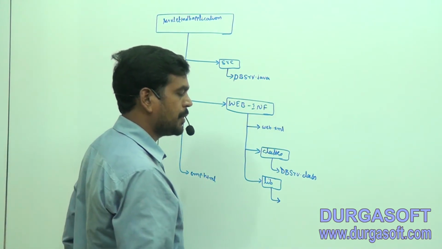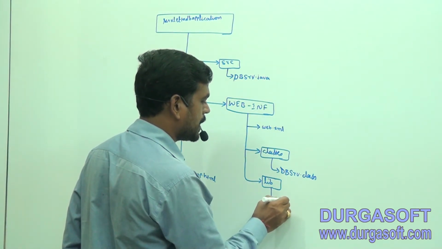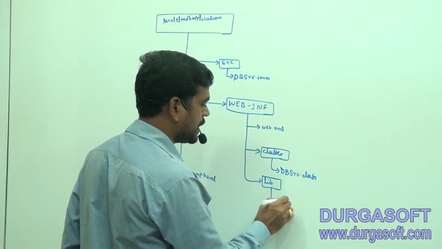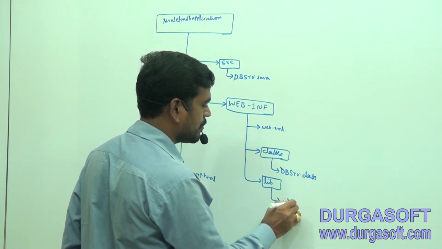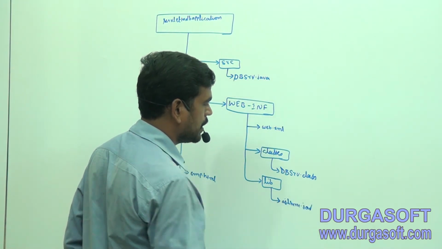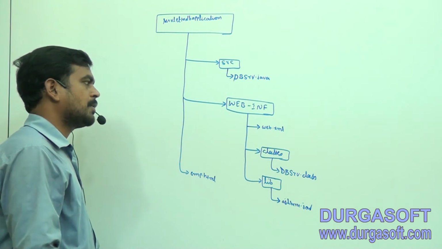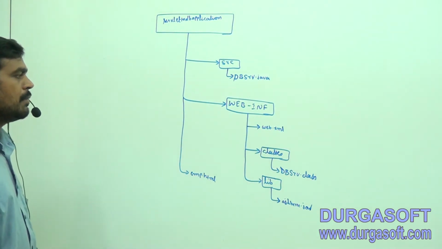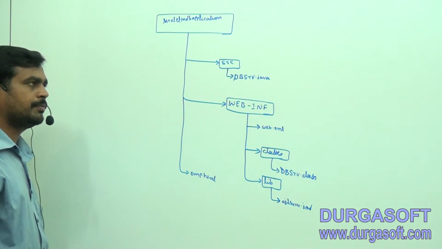When we are using the fourth driver, then must and should we have to place one jar file here, that is ojdbc14.jar. We can place so-and-so file into so-and-so folder. This is the web application architecture.